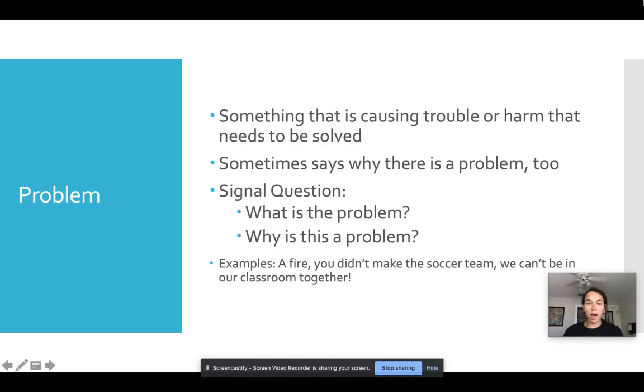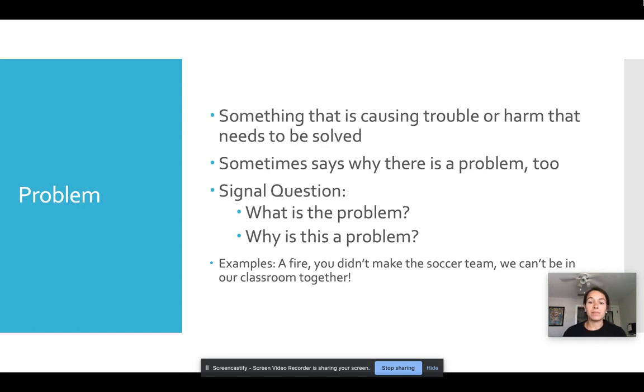So, as you guys probably know, this is a pretty easy one to understand. When we have a problem and solution nonfiction text structure, the text provides a problem that the author is looking to solve, or that they're trying to explain how to solve. So, obviously, our problem is something that's causing trouble or harm and that needs to be solved.